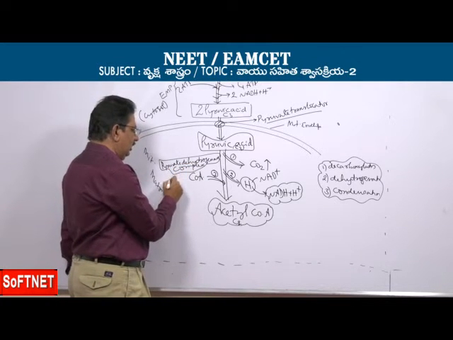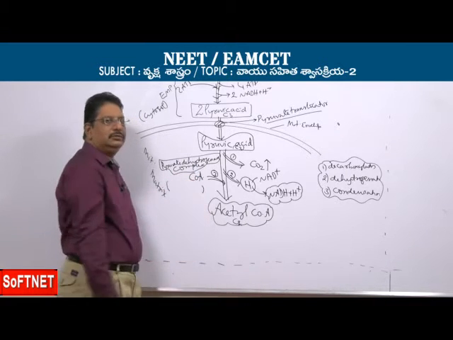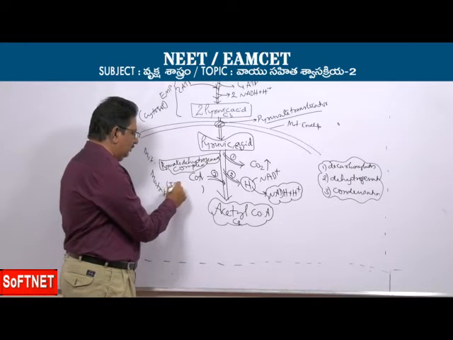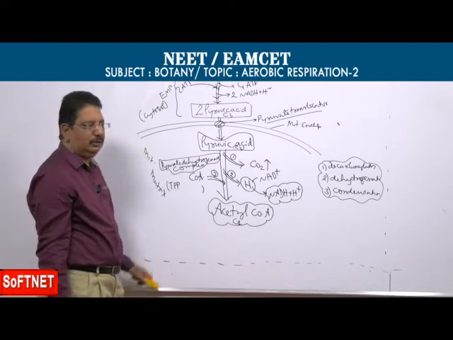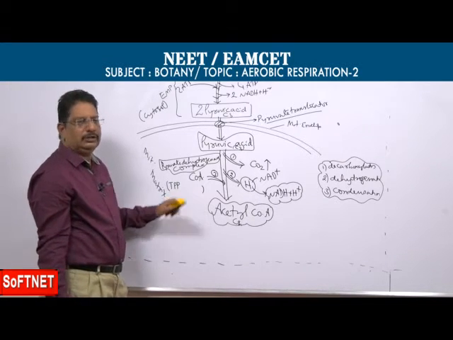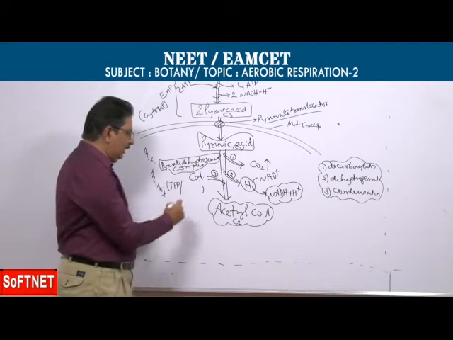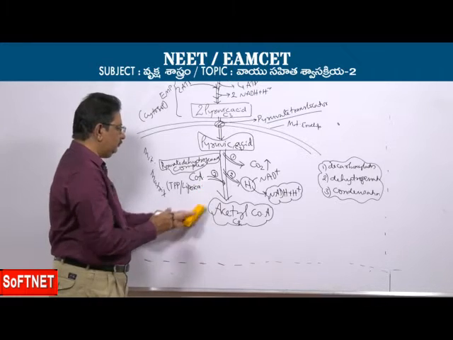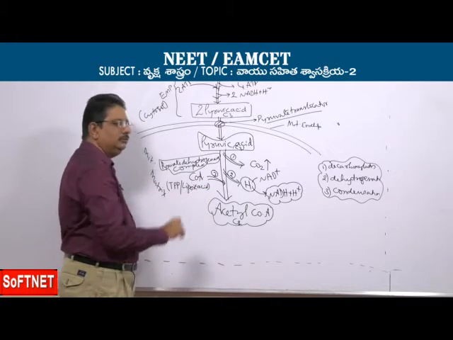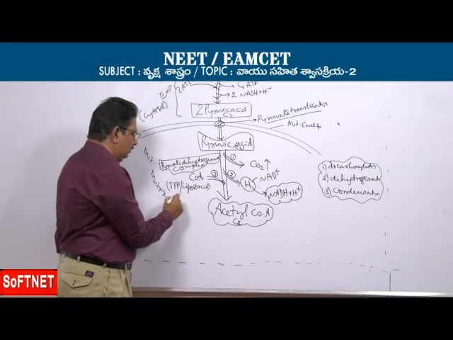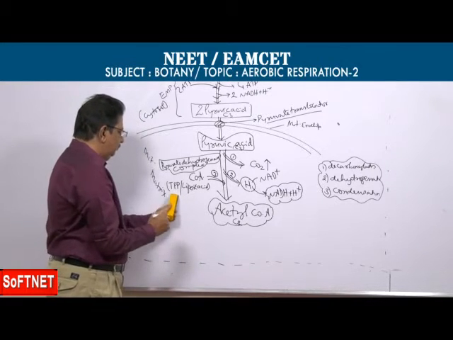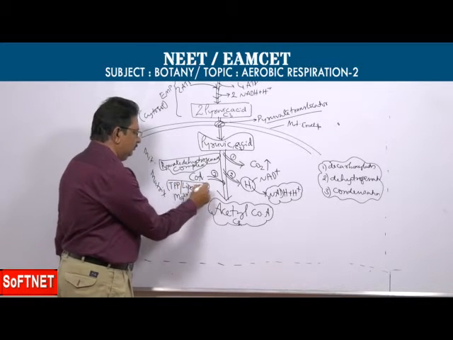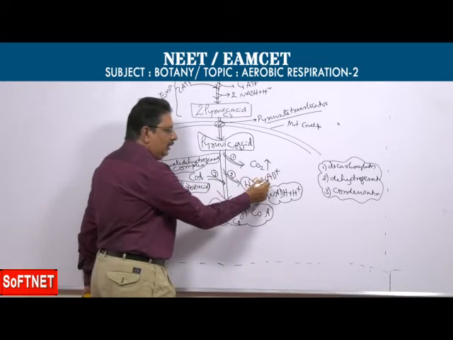So, the pyruvate dehydrogenase is activated in the presence of some cofactors like thiamine pyrophosphate, TPP, and another one is called lipoic acid, and another one is magnesium, and of course coenzyme A and NAD.